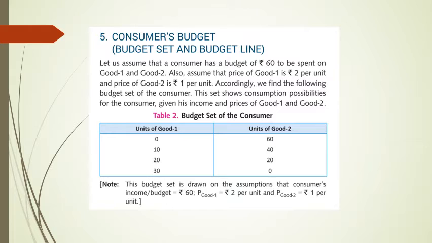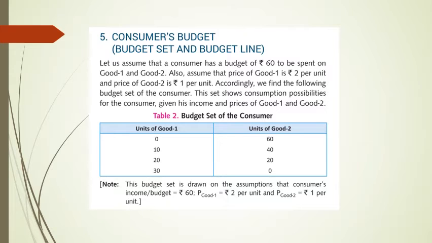Alternatively, a consumer can buy 10 units of good 1 and 40 units of good 2, and also he can buy 20 units of good 2 and 20 units of good 1.